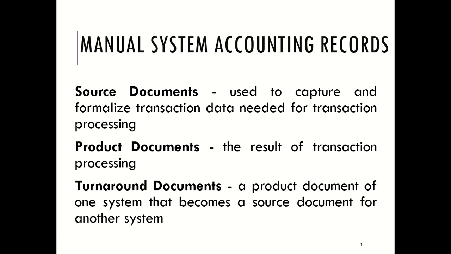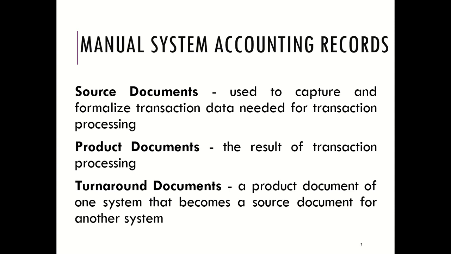Okay, another example pa. Let's say, for example, bumili tayo ng machine. Okay, anong source document natin doon? Of course, resibo. So yung resibo, ipaprocess na yan, babayaran na yan. So, nung binayaran, nakagawa tayo ng cheque.